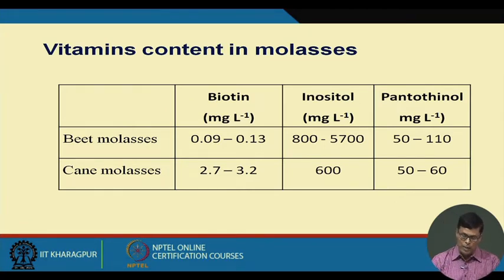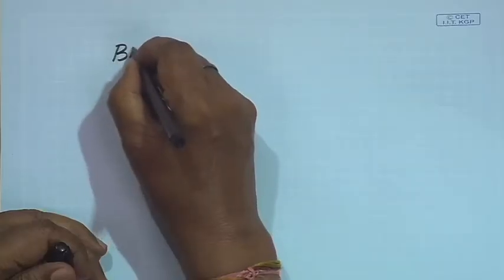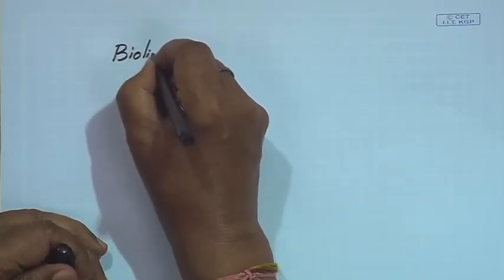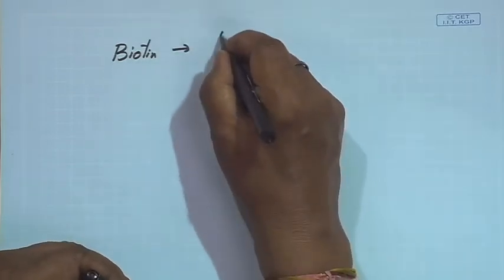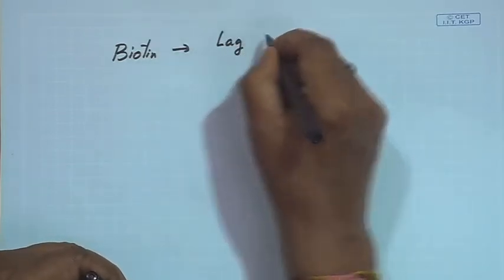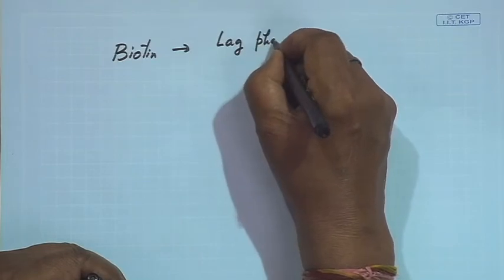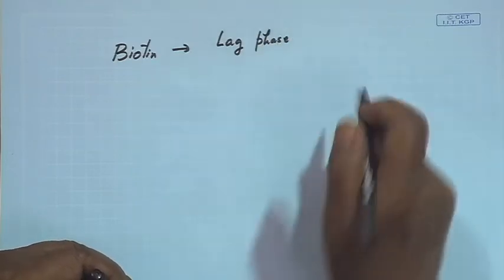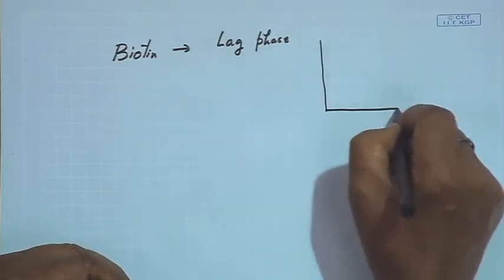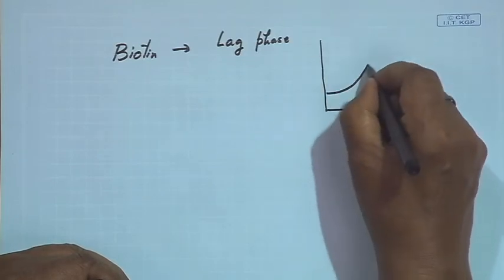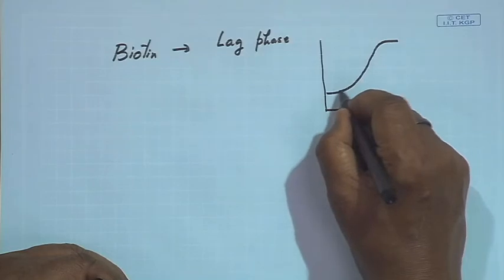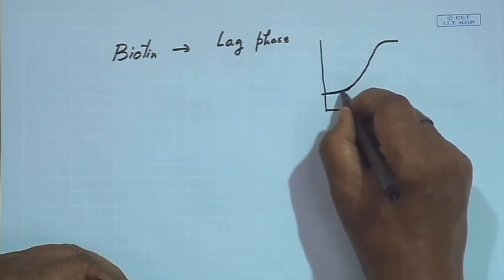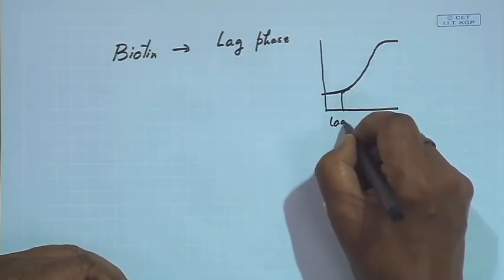Now, if you look at biotin, for example, if your media does not contain any biotin, then the lag phase of the fermentation will increase. That is undesirable. You can remember when I discussed the growth cycle of the cell, I told you about the lag phase.